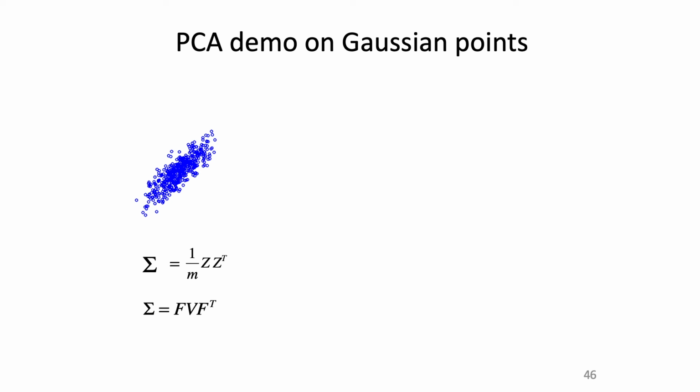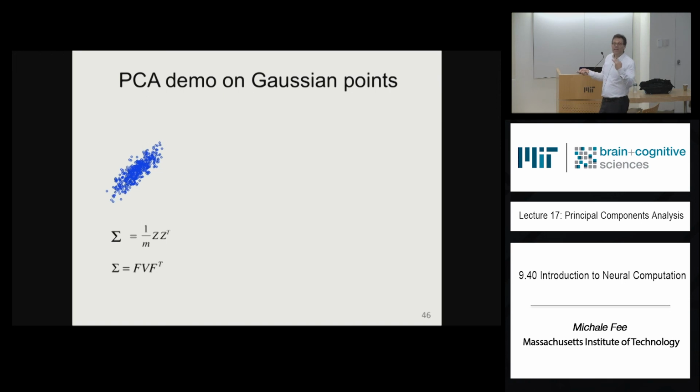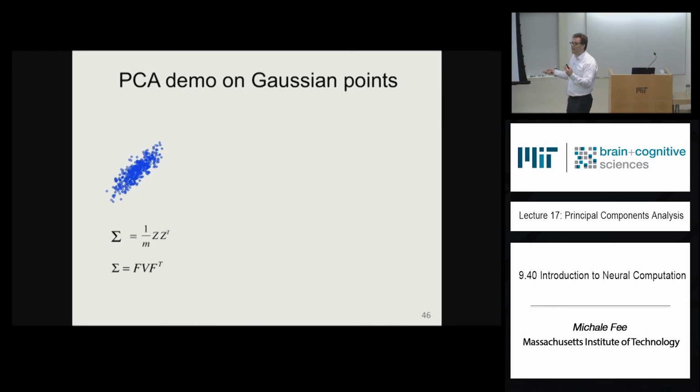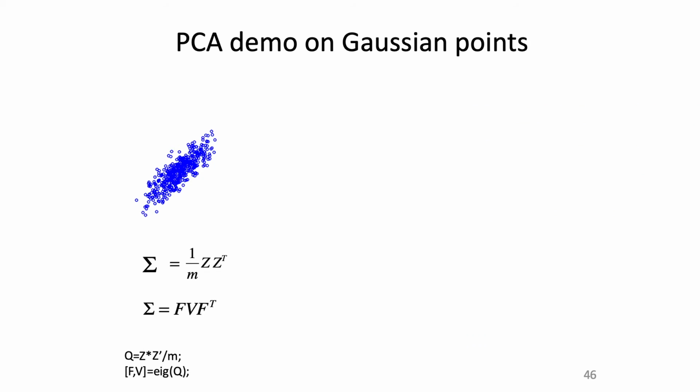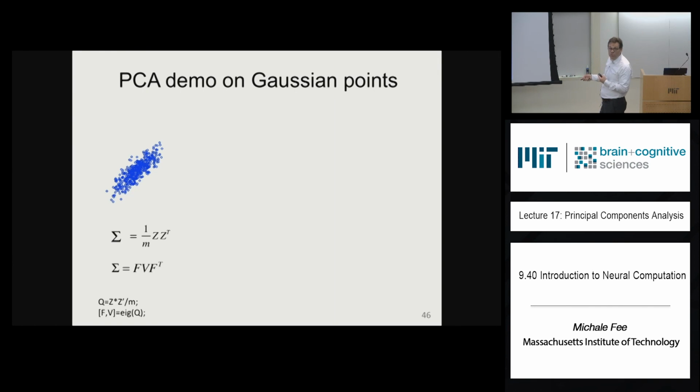That computes the covariance matrix, and then we're going to use the eig function in MATLAB to extract the eigenvectors and eigenvalues of the covariance matrix. Okay? So we're going to call Q the variable name for the covariance matrix. It's z transpose over m. Call eig of Q.